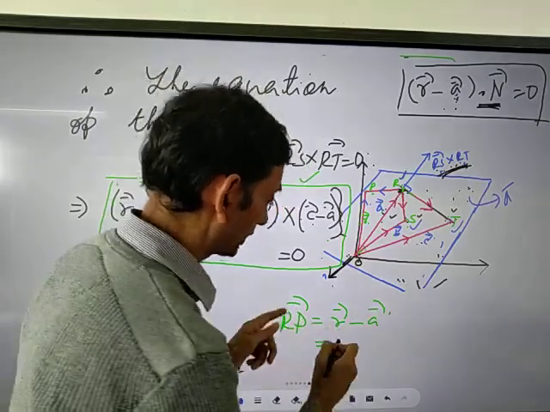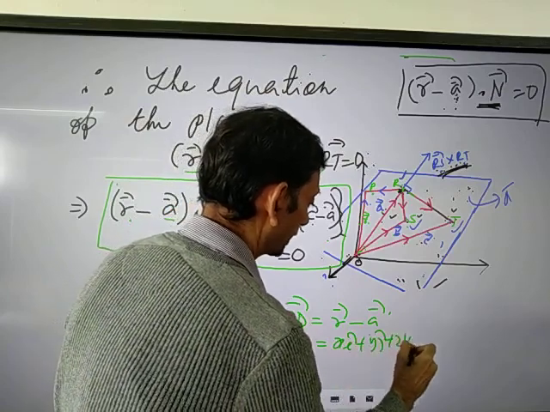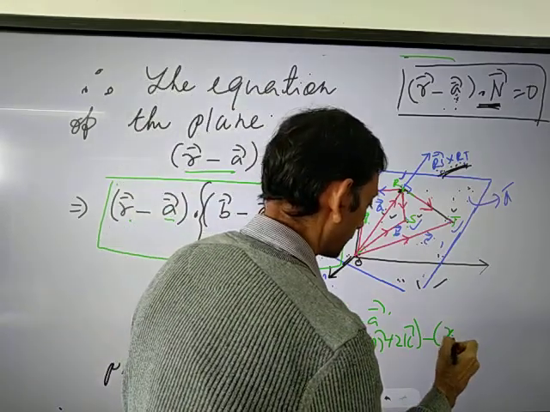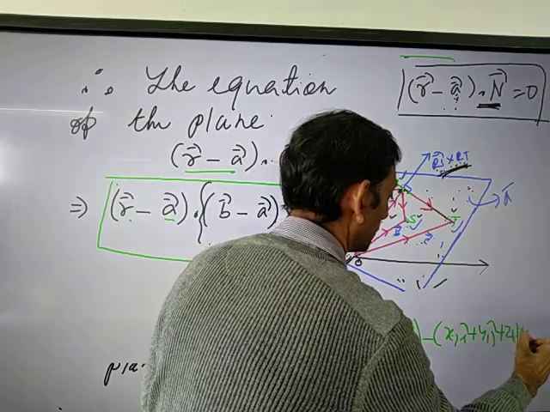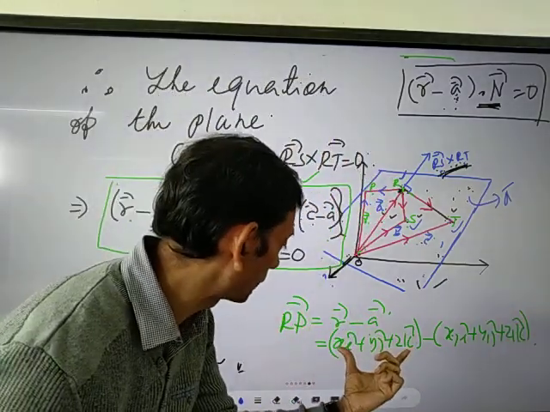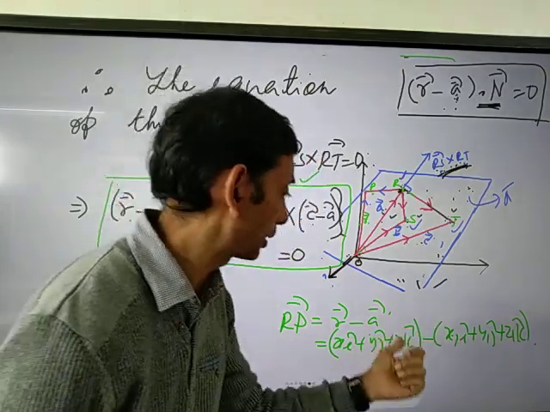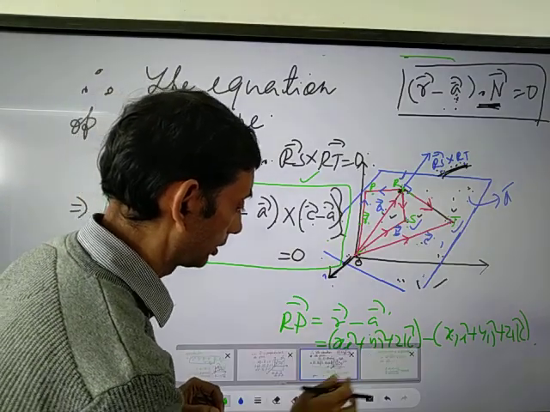So r is x i cap, y j cap and z k cap. And a is x1 i cap, y1 j cap and z1 k cap. So if you write rp, you can write it in the form x minus x1 i cap, y minus y1 j cap and z minus z1 k cap.